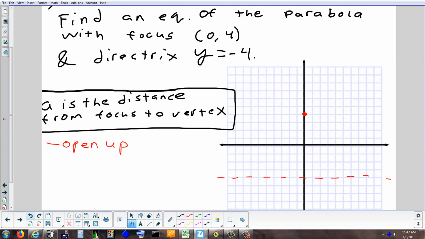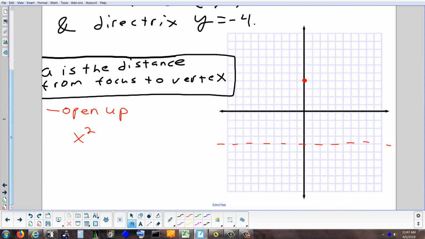Now that we know that, we can look up the equation when it opens up. Okay, what's the equation for a parabola that opens up? x squared equals 4ay. Yep, just get it from the table. x squared equals 4ay. What letter do you have to fill in there?